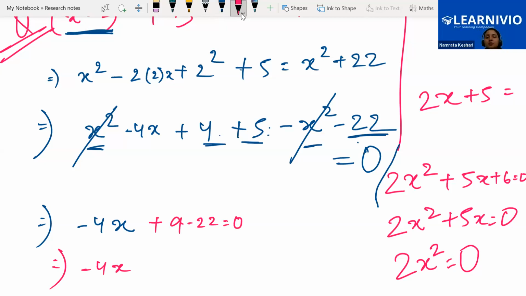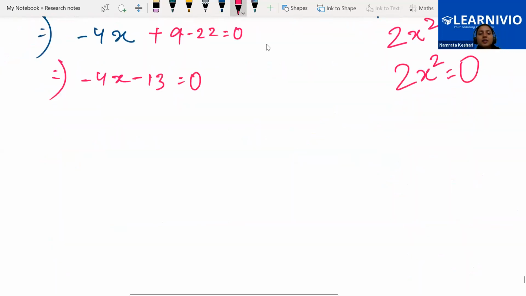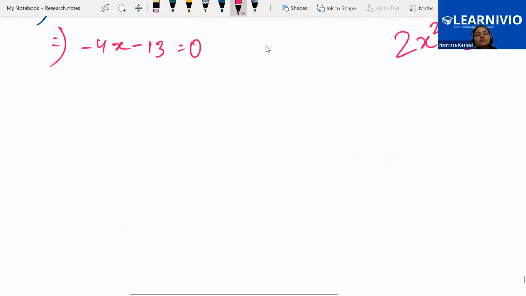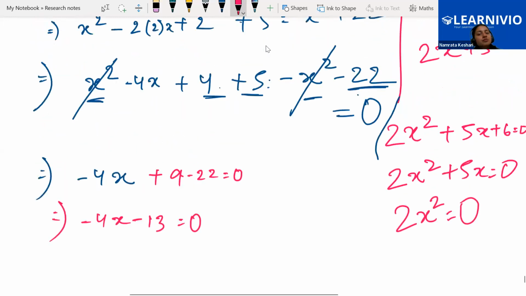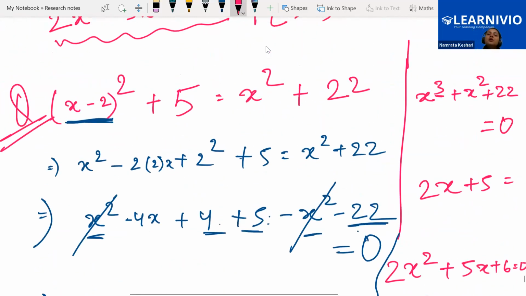Minus 13. So minus 4x minus 13 is equal to 0. Now tell me, is it a quadratic equation? No, it's not. Okay, so this type of question will be there where you have to check whether it's a quadratic equation or not.